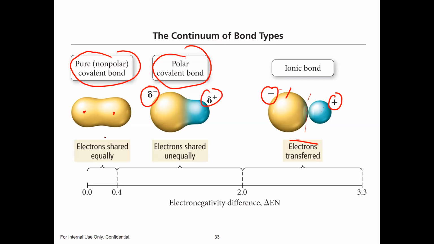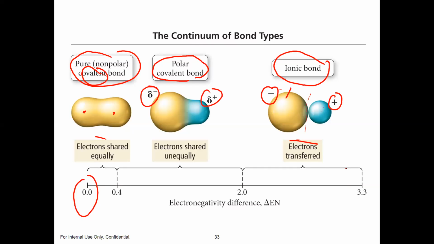So when you have equal sharing, that's covalent. When you have completely removing an electron, creates a charge that's ionic. And we have sharing, but then that results in the partial positive, partial negative, that's called polar covalent. So covalent is one extreme, ionic is another extreme, and polar covalent is sort of in the middle.